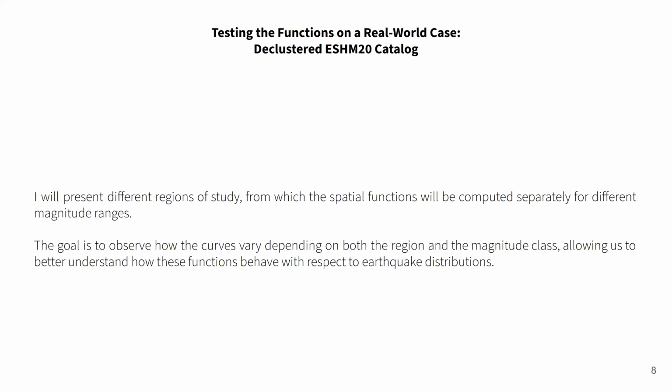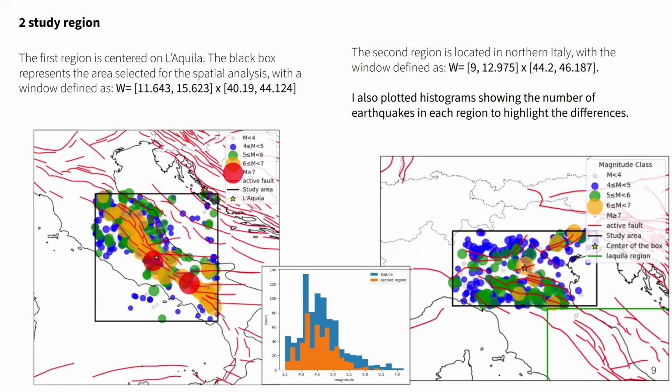So now it's time to test it in a real world case. So I took the European seismic hazard model of 2020, so the catalog of the ESHM20. I took the declustered one. And I tried to compute the function for two regions. Because my previous work was around L'Aquila, I decided to take exactly the same.